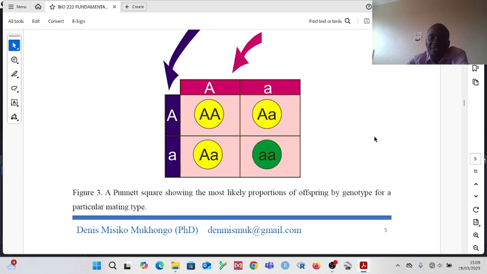So in terms now of the genotypes, the ratios, we will have 1 homozygous dominant, 2 heterozygotes, and 1 homozygous recessive. So it's a ratio of 1 to 2 to 1. That is the genotype ratio. But the phenotype ratio was 3 to 1. Okay.